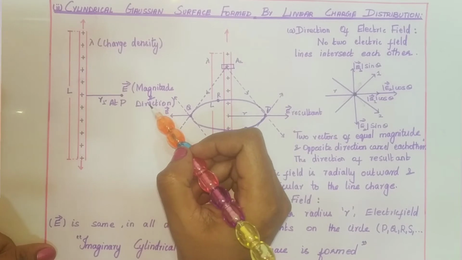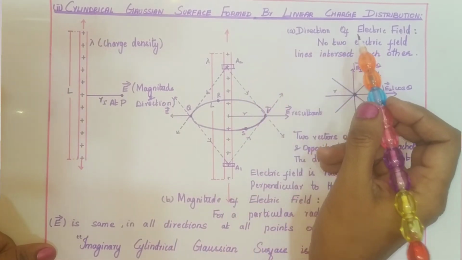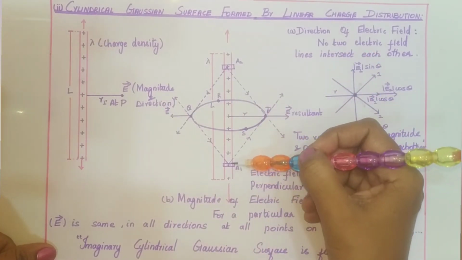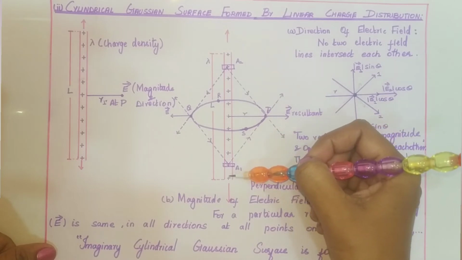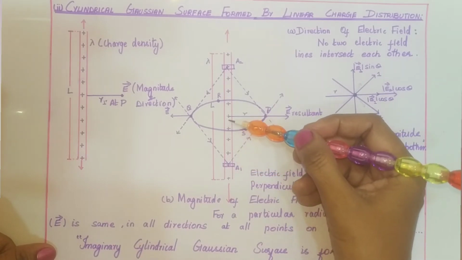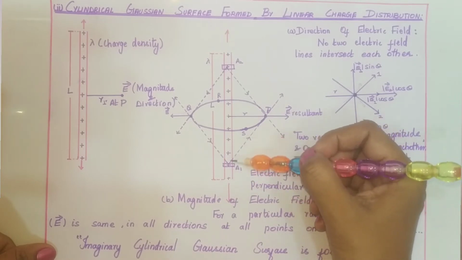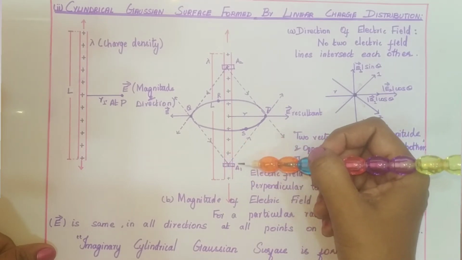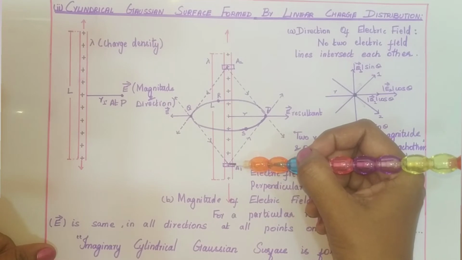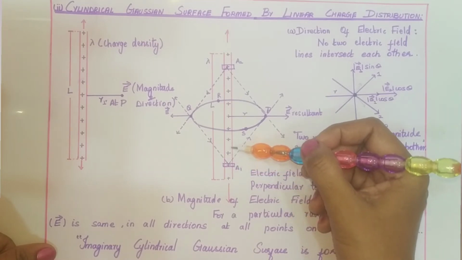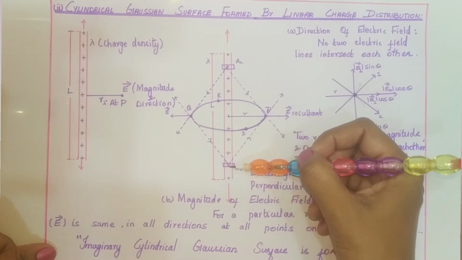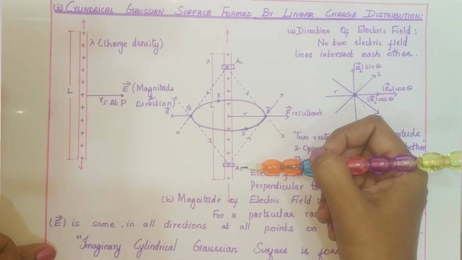Now let us see the direction of the electric field. Here, for this infinitely long wire, the positive charges which are uniformly distributed will be giving out electric field lines in all directions, isn't it? We know that from every charge, electric field lines will be distributed radially outward in all directions.